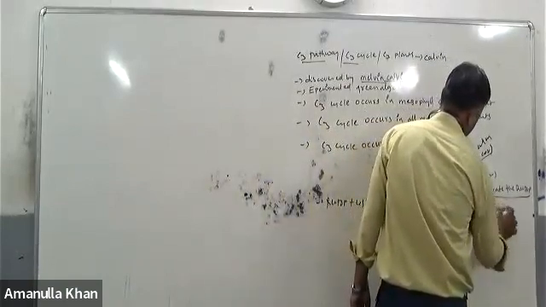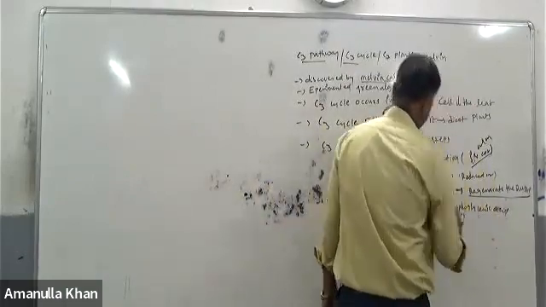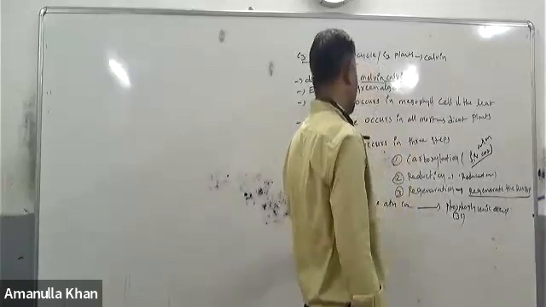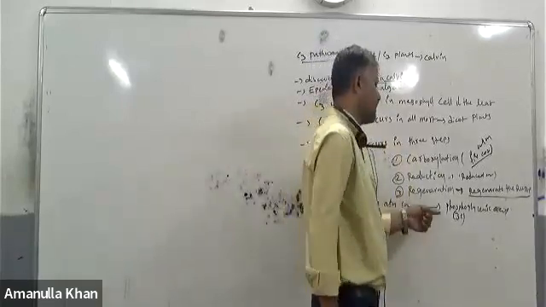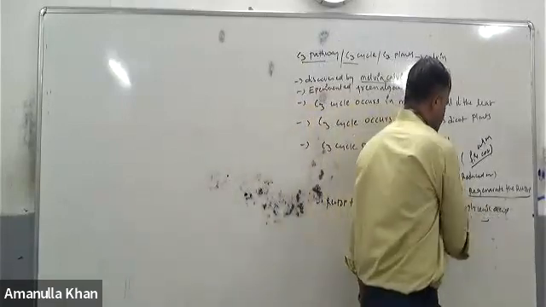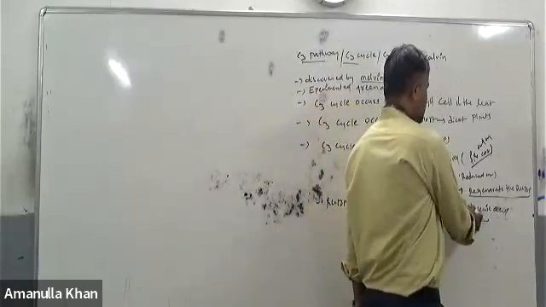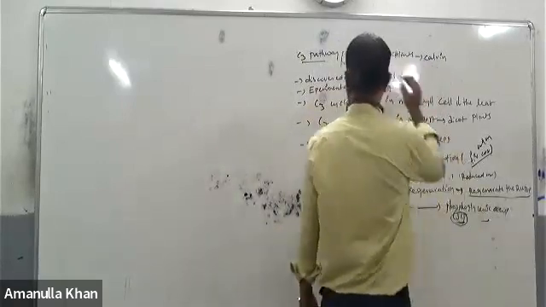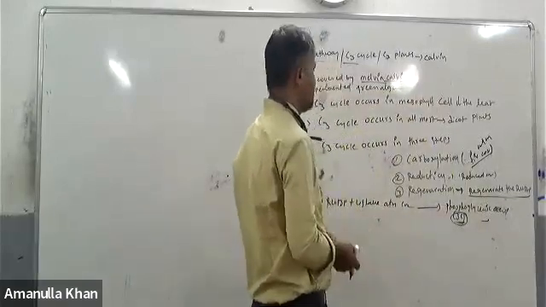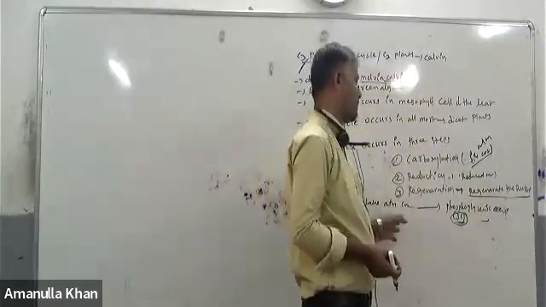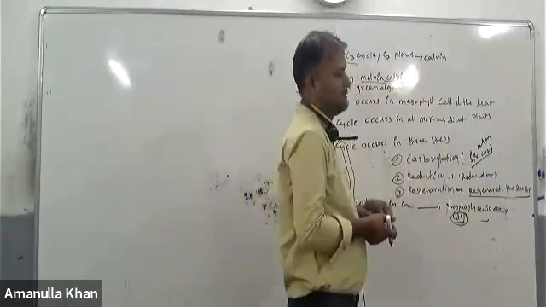That's why it's called C3. Phosphoglyceric acid is a 3 carbon compound. That's why this plant is called a C3 plant: the first stable product is a 3 carbon compound.